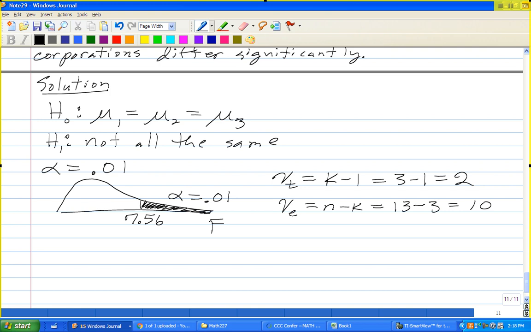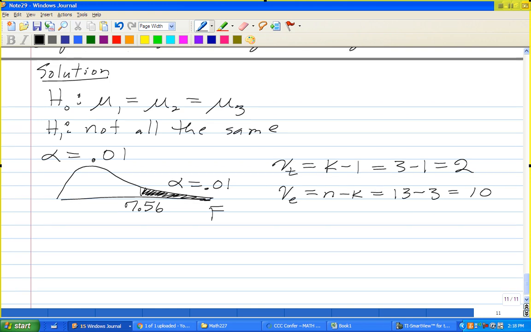Okay, so let's complete this. This is called an ANOVA table.